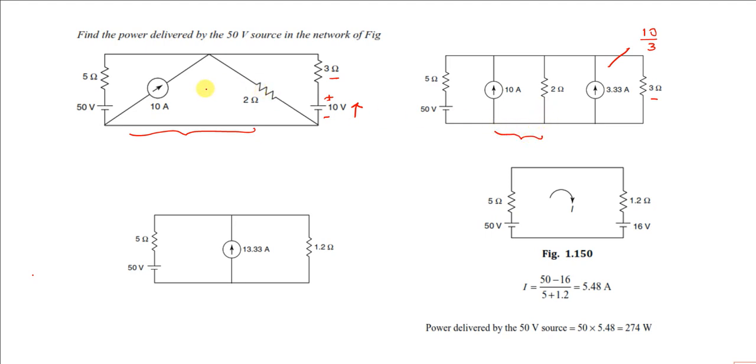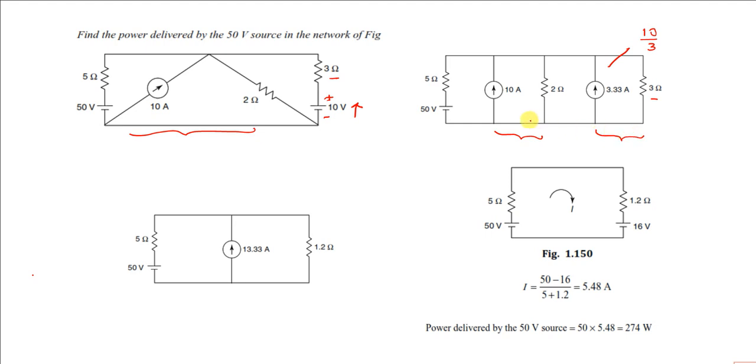We are rewriting this 10 amps and 2 ohms; this is a current source of 10 amps with an internal resistance of 2 ohm. We are writing the original like this, and to add these two we converted this practical voltage source into a current source.